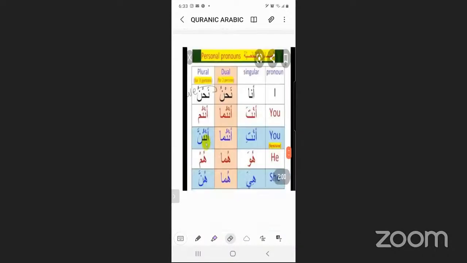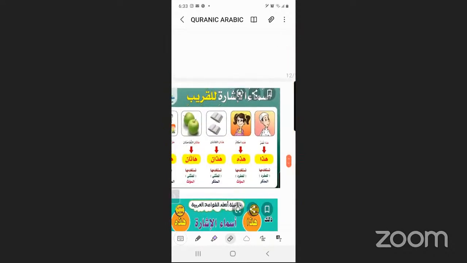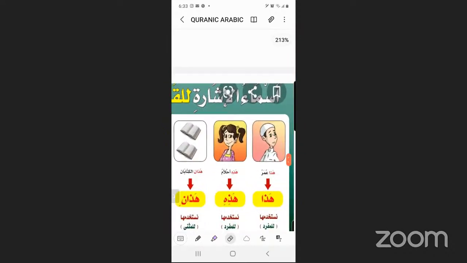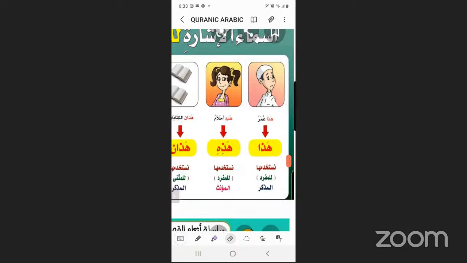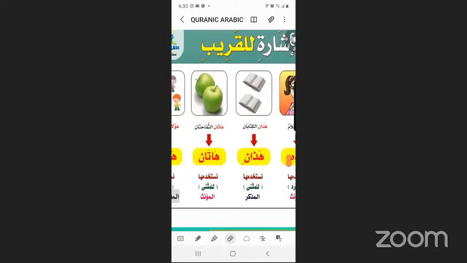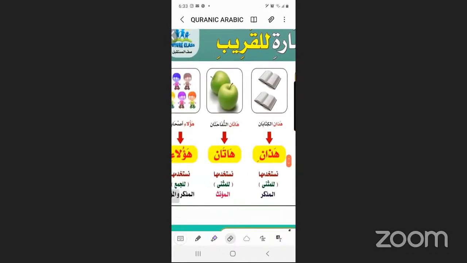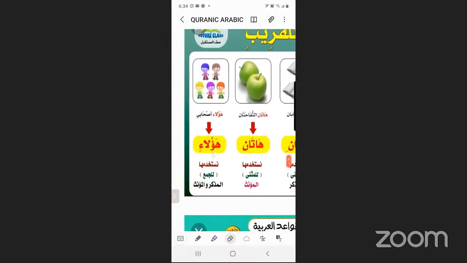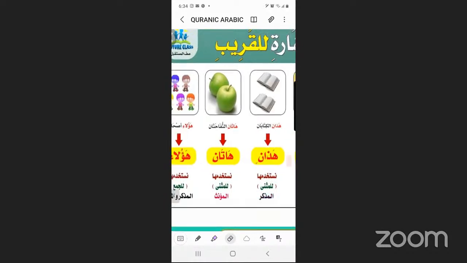The one that we did before will be attached. Again, we did the ism ishara. Ism ishara is haza for masculine, hazihi for the feminine, hazani for masculine two, hatani for feminine two, and ha'ula'i is plural, three or more.